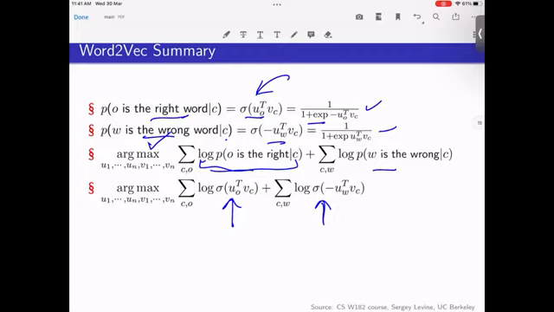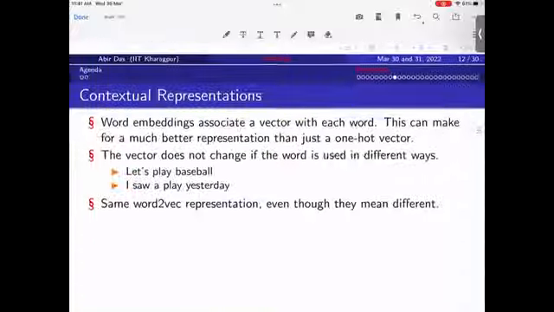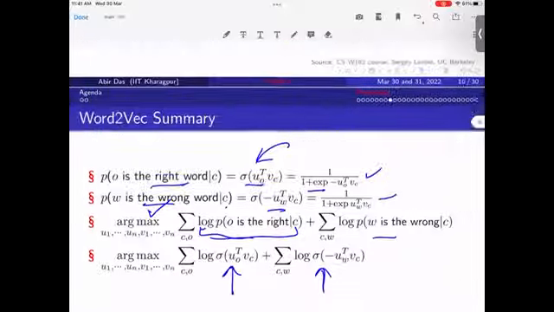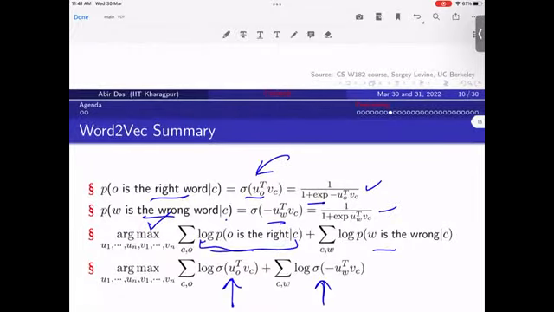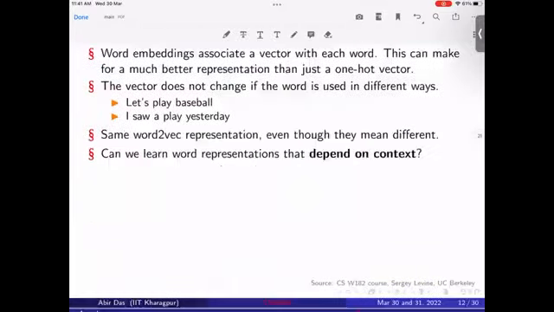So now what you can do, yeah, okay. Where are the examples?